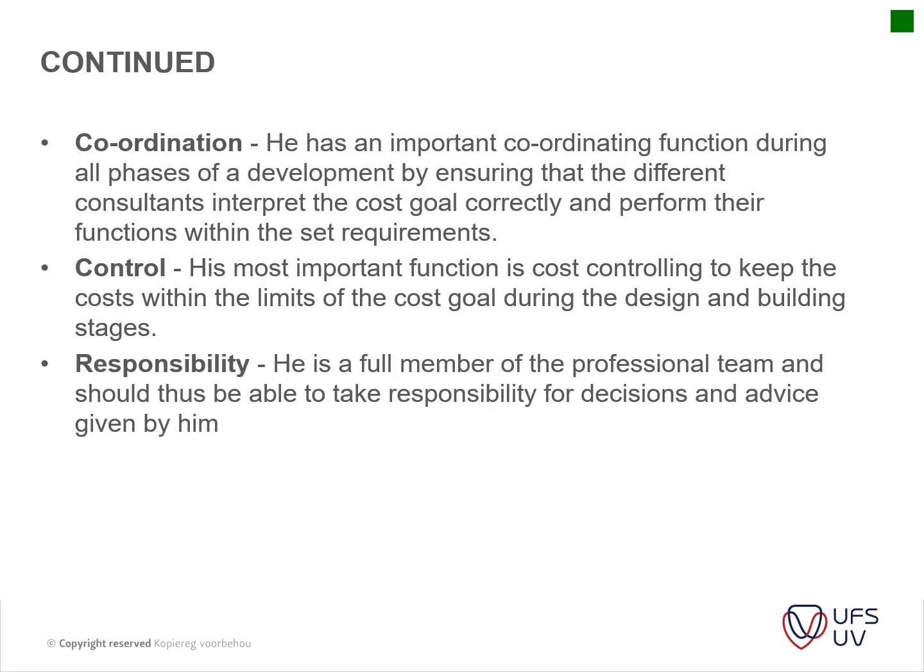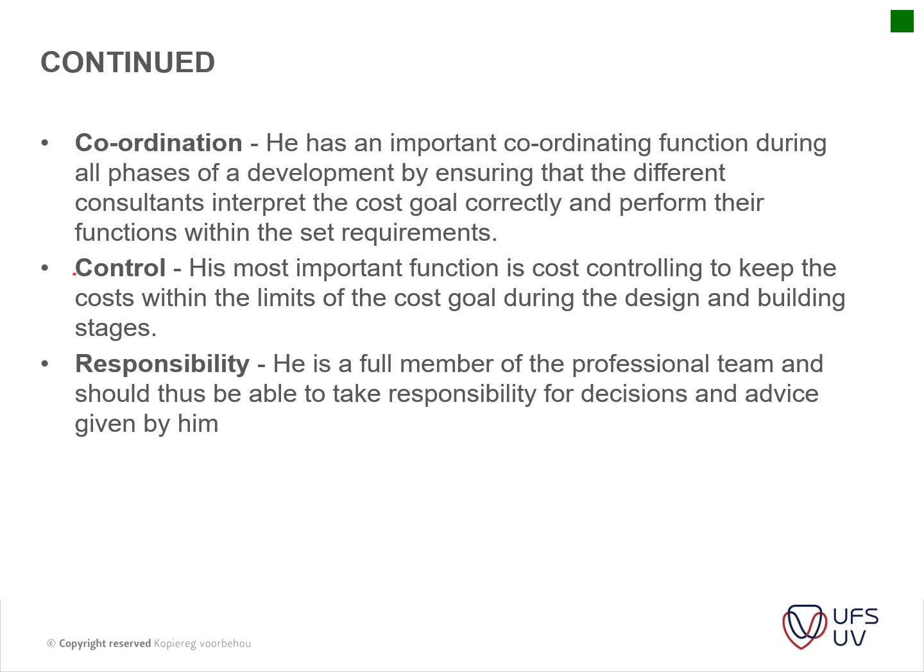Then coordination, he has the important coordination function during all of the phases, getting all of the information. If he's lacking information and he sees that the engineers haven't provided adequate information or the architect hasn't provided adequate information to the engineers, he can coordinate that so that he can actually do his measurement and include it in his bill. So he has a very big coordination function.